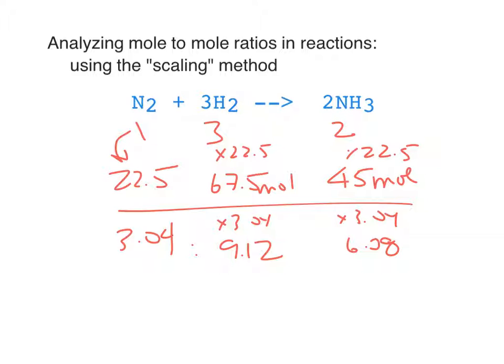It doesn't matter whether it's a big number or a little number. If I had 0.27, some random weird small number like that, how did I get to this? Well, I multiplied the original ratio, which was 1, times 0.27. I'm going to do the same thing with all of these and multiply every one of them by 0.27. So 0.27 times our 3 for hydrogen gives us 0.81, and then 0.27 times 2 for ammonia gives us 0.54.